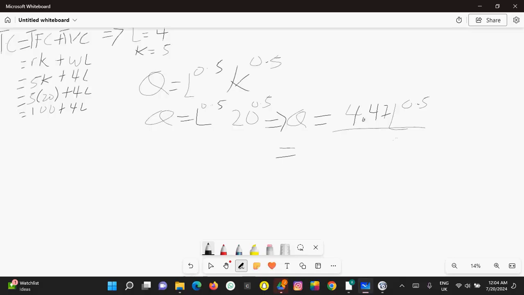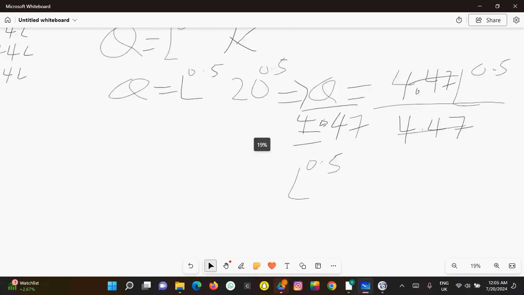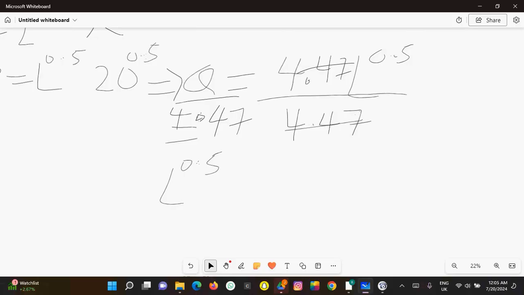So 4.47 divided by 4.47 cancels out, and we are getting L^0.5 is equal to Q over 4.47.